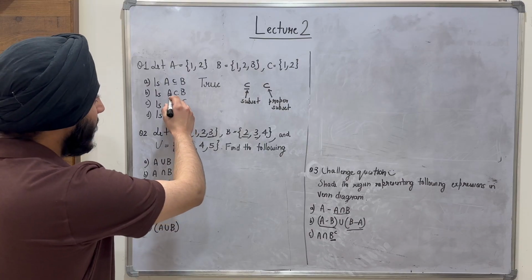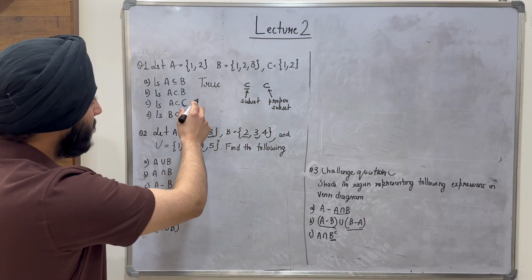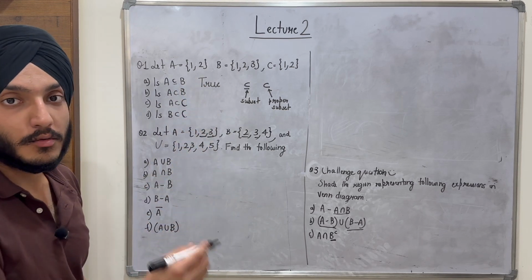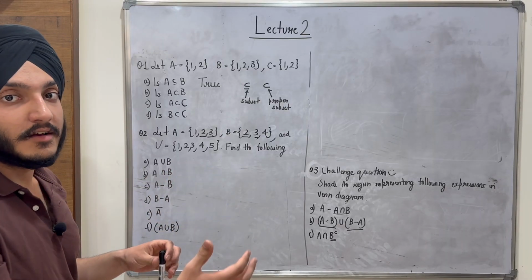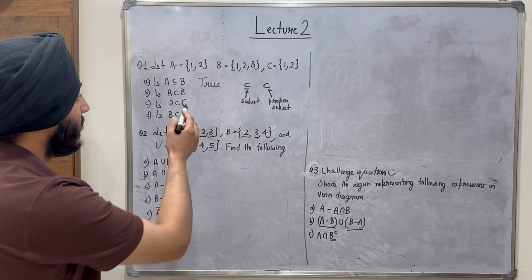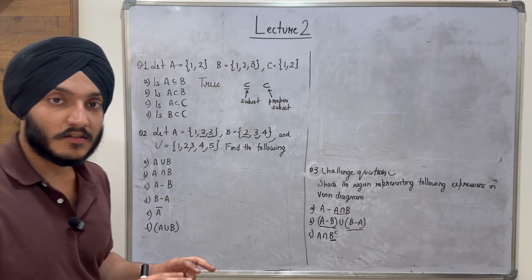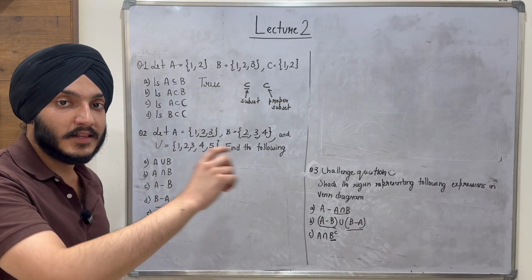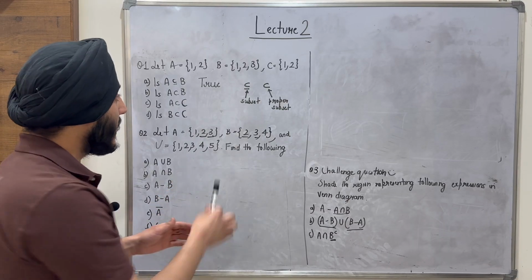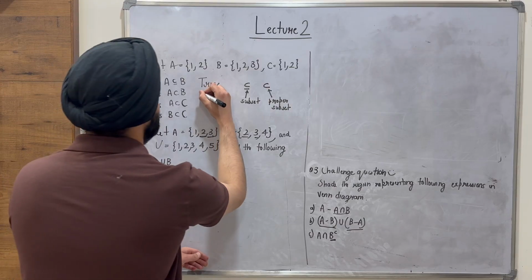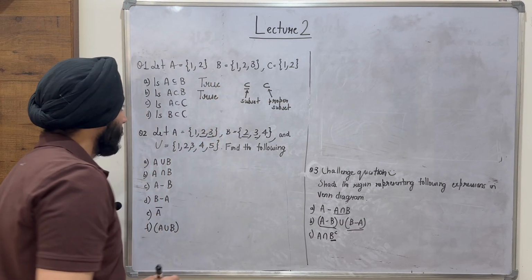All the elements of A are in B, along with both the sets not being equal to each other. Basically, I can say that B is a bigger set. If that's the case, then this is going to be true. So there are 2 conditions for a proper subset: all the elements are in the other set, plus both the sets are not equal to each other. And this satisfies both the conditions. So this is going to be true once again.